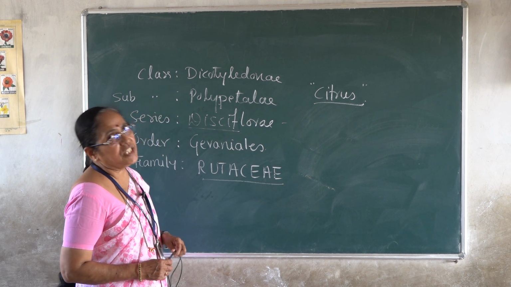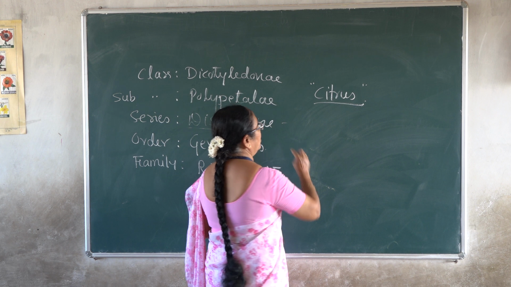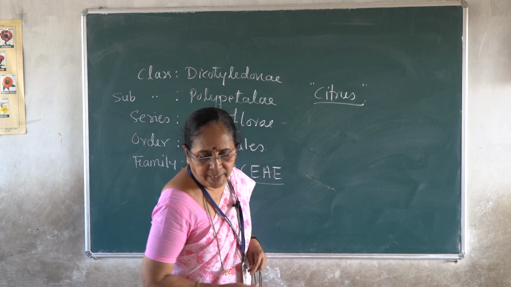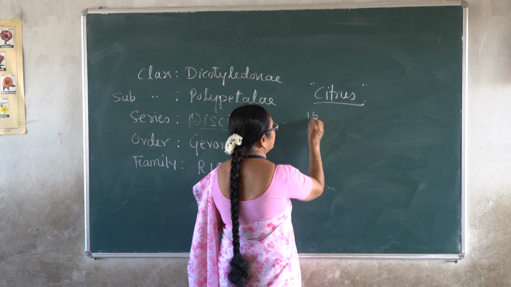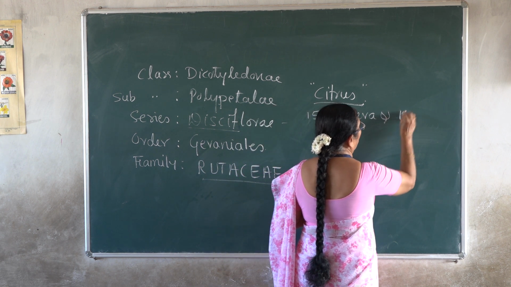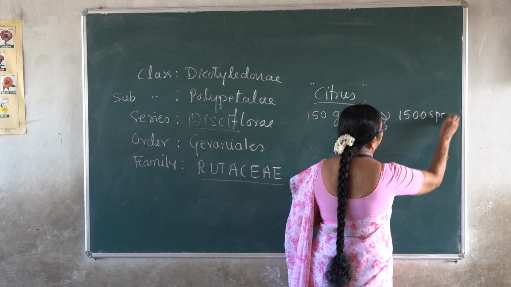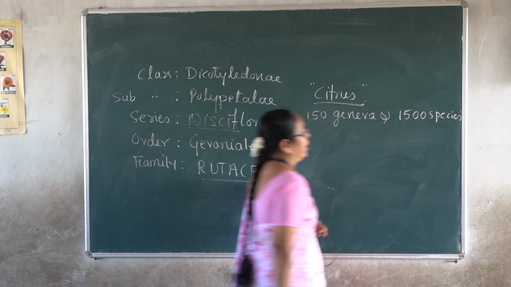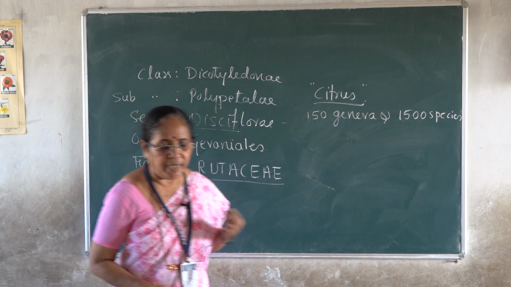This citrus family includes about 150 genera and 1500 species.